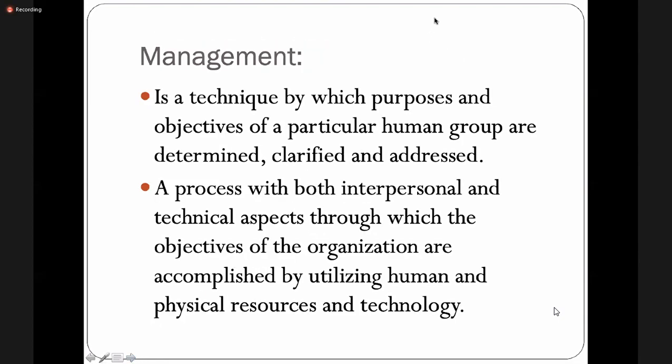So we know that management is a technique by which purposes and objectives of a particular human group are determined, clarified, and addressed. So meaning with the COPC, your purpose now is how you are going to produce a community-oriented public health project that would benefit not just to pass the PCM, but as well as makita talaga kung paano magagamit ito ng community.